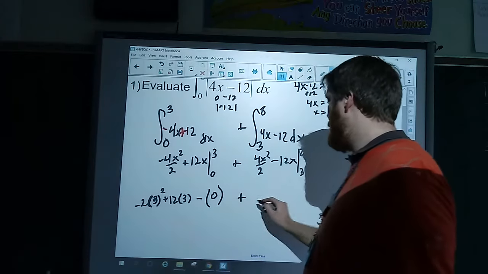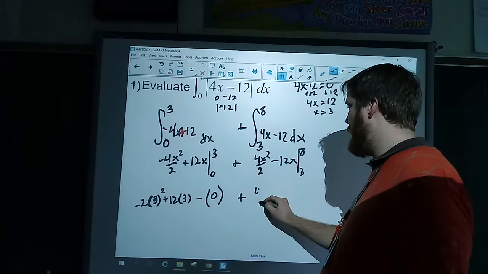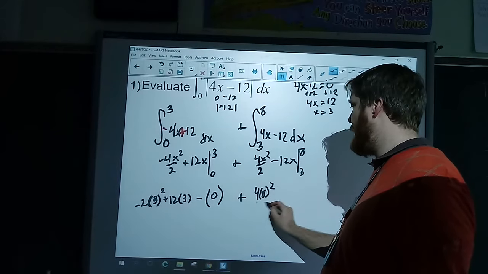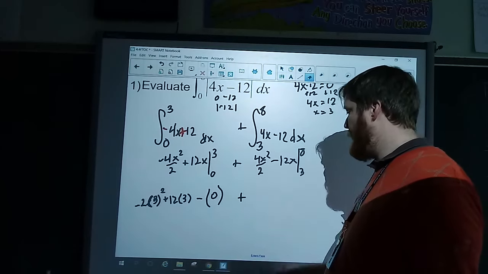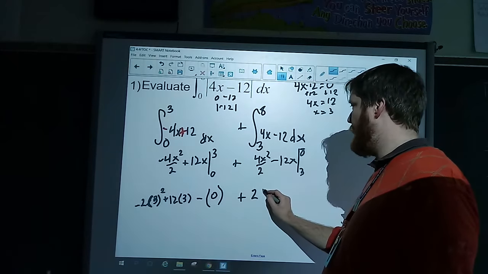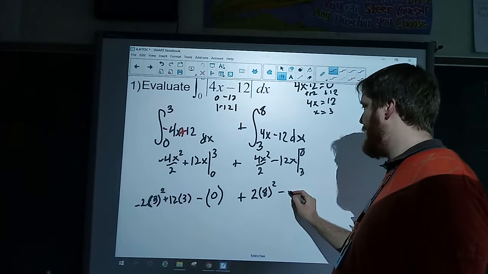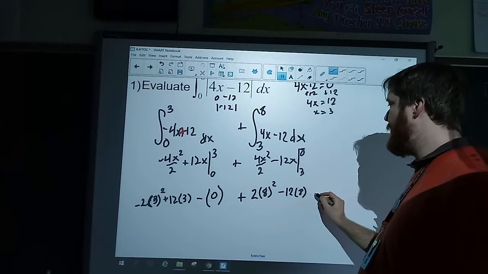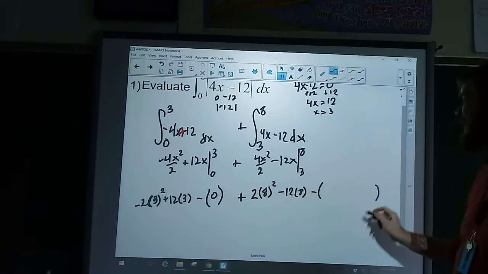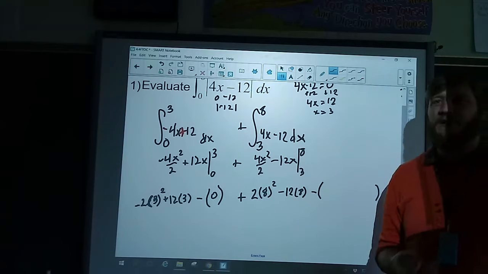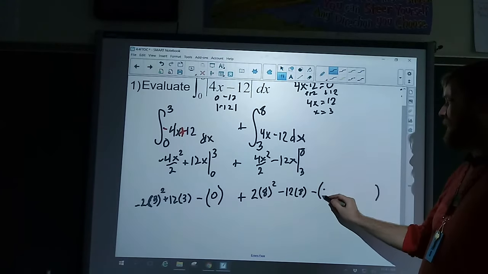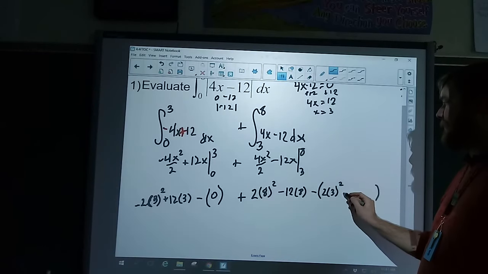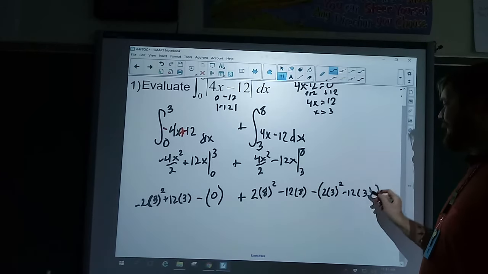And the second integral, when I plug in 8, so 4 times 8 squared over 2. Oh wait, that's instead of 4 over 2, let's keep that as 2 times 8 squared minus 12 times 8 minus, remember to put that lower bound in parentheses because you're subtracting. You don't want to mess up your signs there. So that's going to be 2 times 3 squared minus 12 times 3.